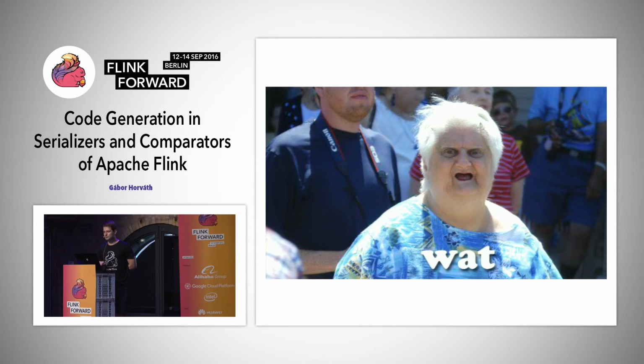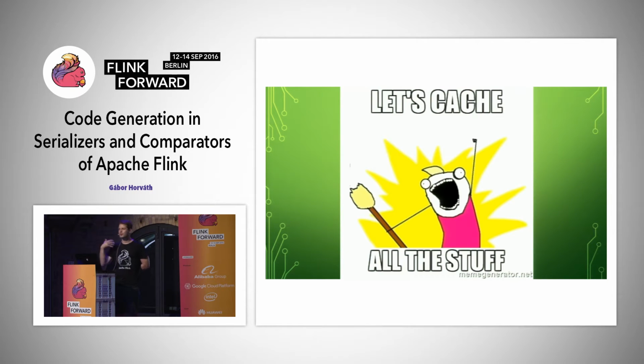So one possible solution would be to cache the compiled class and the class loader, because if we compile the class only once, then we have only one class with this name, so we will not have this problem.